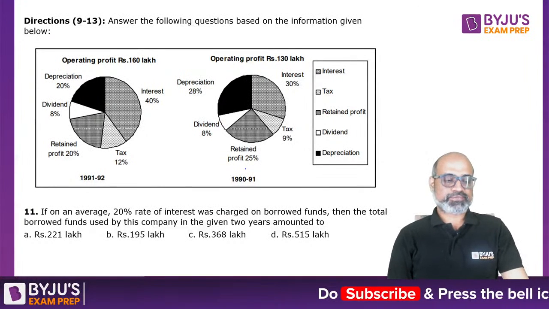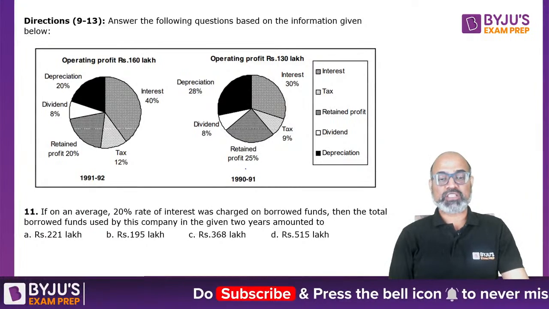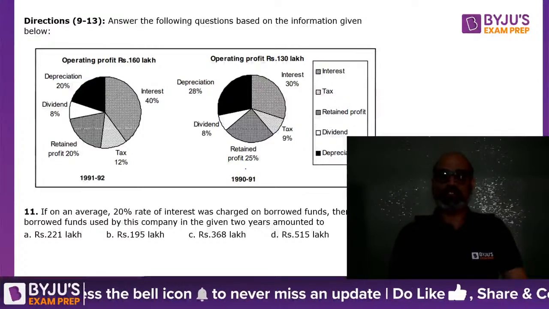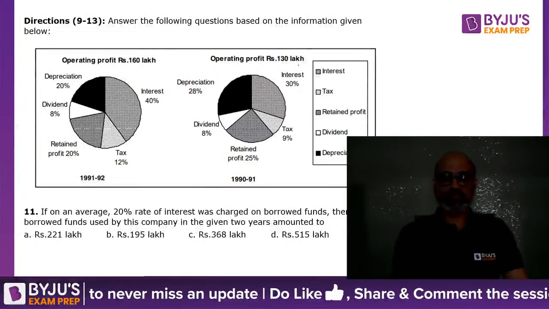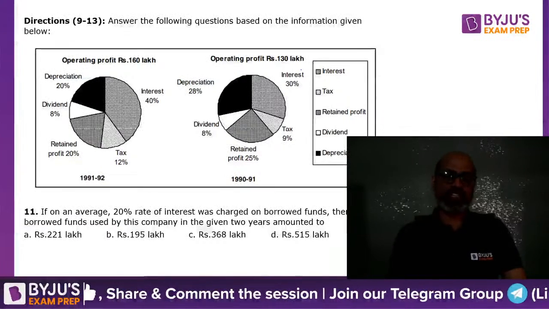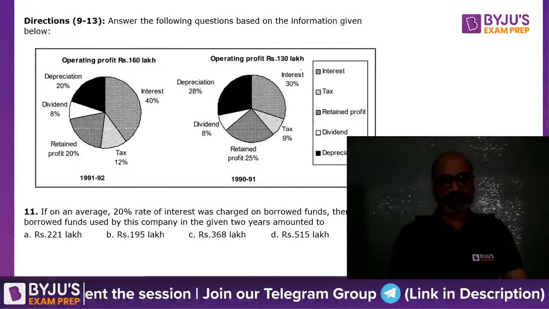Okay, next one. If on an average 20% rate of interest was charged on borrowed funds, then the total borrowed funds used by this company in the given 2 years amounted to.